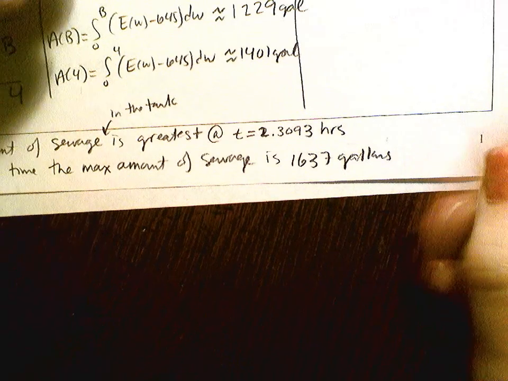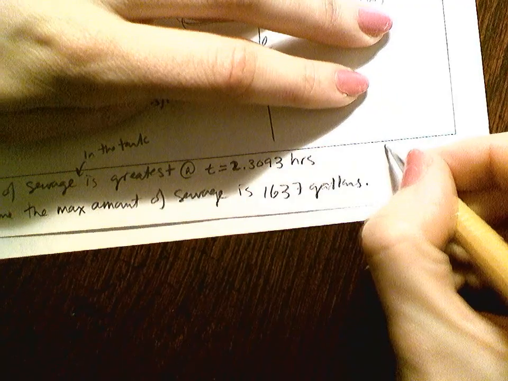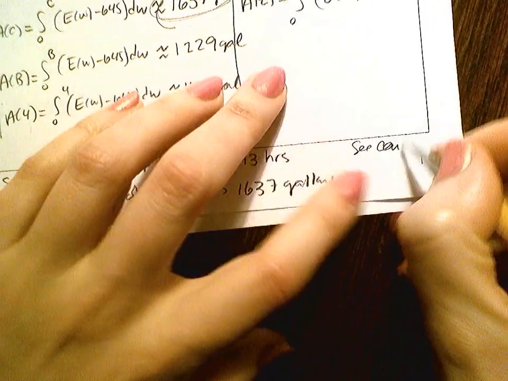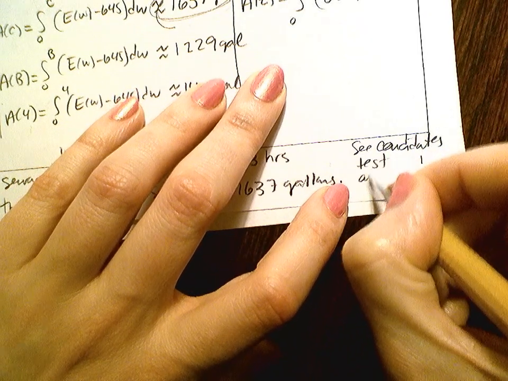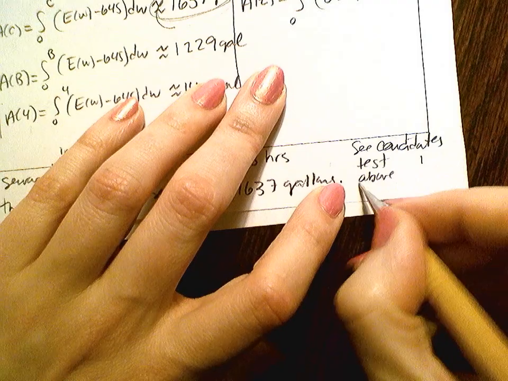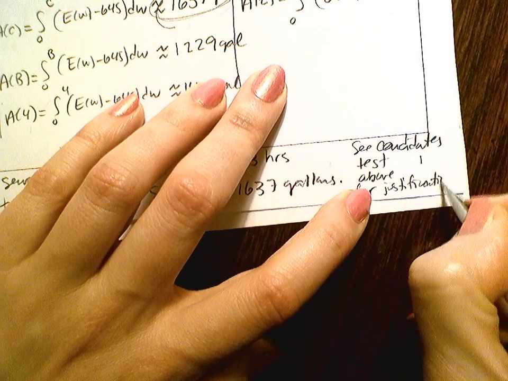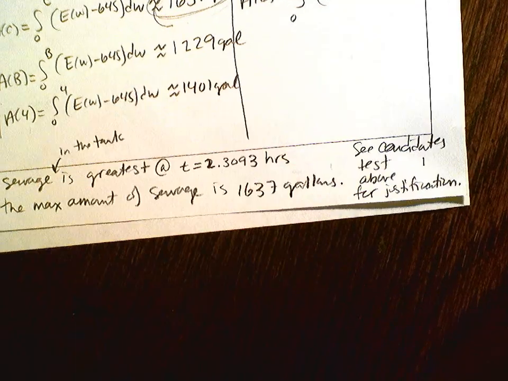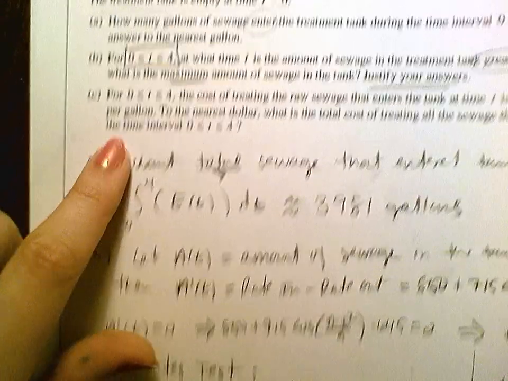And then we could say, because they do want you to justify your answer, that c did its test above for justification.